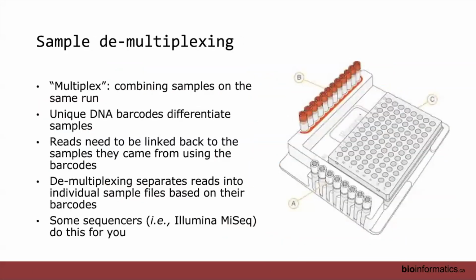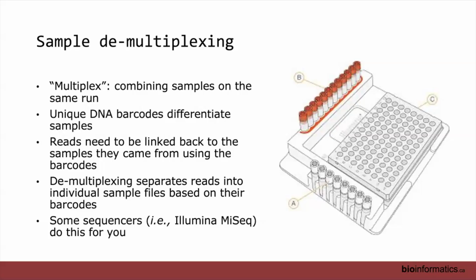So, sample demultiplexing. This plate on the right-hand side is a typical Illumina setup where you have 8 different index primers for your different rows, and 12 different primers for the different columns. These 8 by 12 combinations mean that you have a unique index for each of your samples.